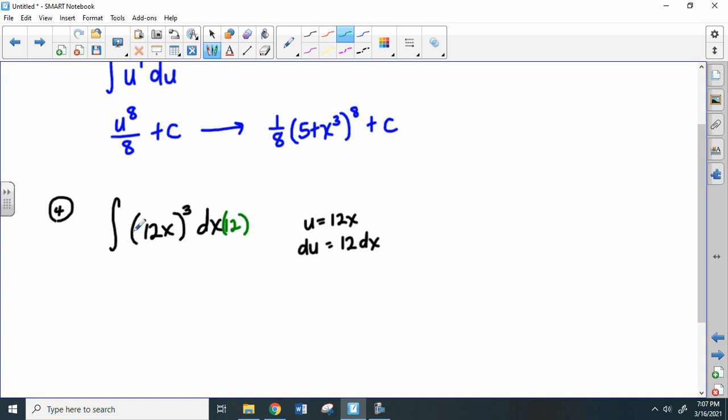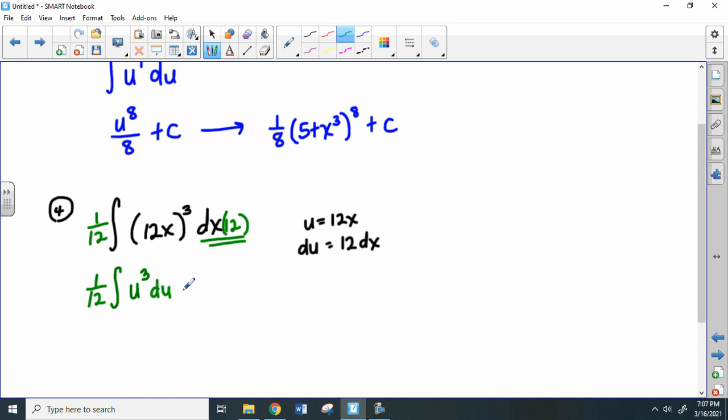But I don't really need the 1 over 12 inside the integral, so I'm going to put the 1 over 12 in front of the integral. I'm still technically multiplying this whole thing by 1. I'm just putting them in a place that's more user-friendly. So this 1 over 12 stays, 12x is my u, and the cube stays, and dx times 12 is my du.